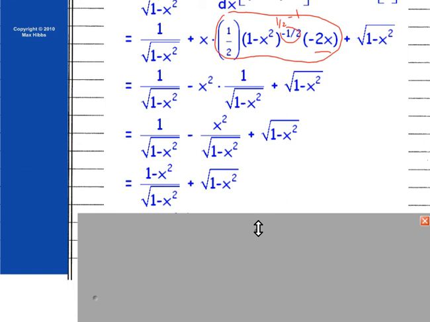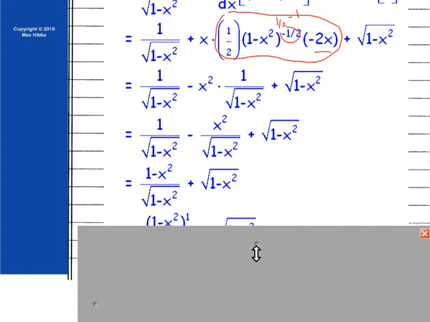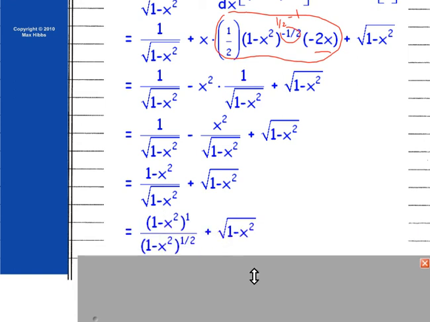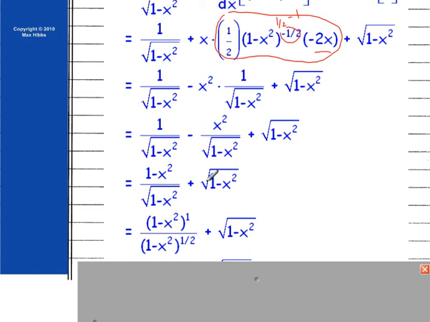There are a couple of things that we could do. We could get a common denominator with these two and then add two fractions together. But I'm taking a little different path here. I'm taking this fraction, and for illustration purposes, I'm writing 1 minus x squared as 1 minus x squared to the power 1, because I'm noticing in the denominator I have 1 minus x squared to a power 1/2.